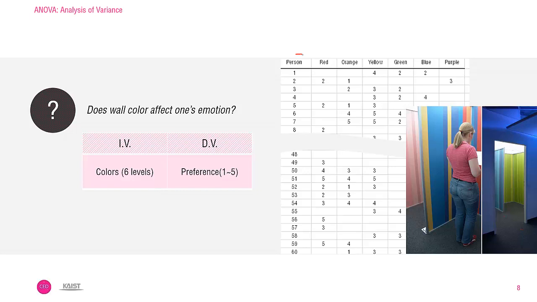So instead of letting everyone get exposed to every booth, we tried to recruit a larger number of people, because 30 people might have been enough if we had planned to put everyone to every colored booth.